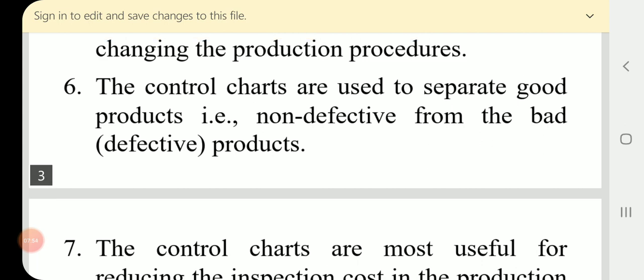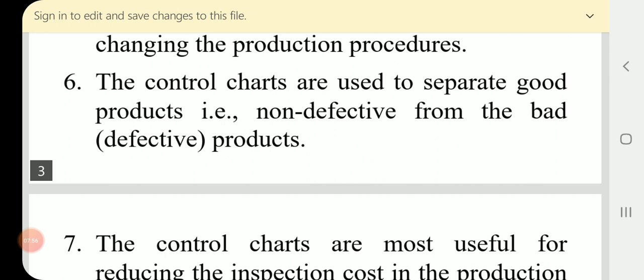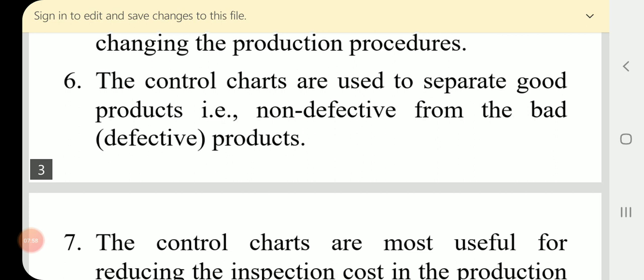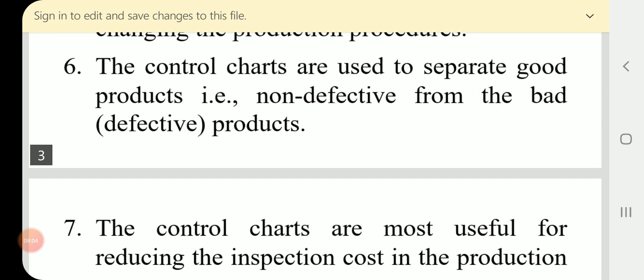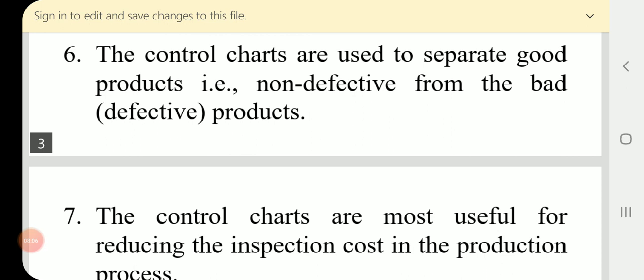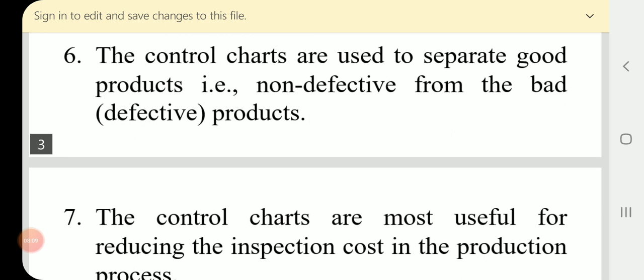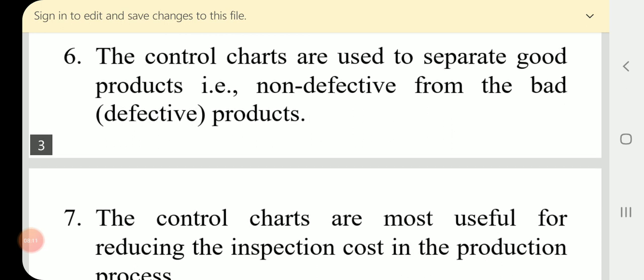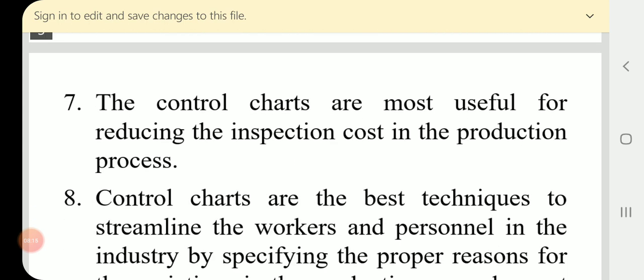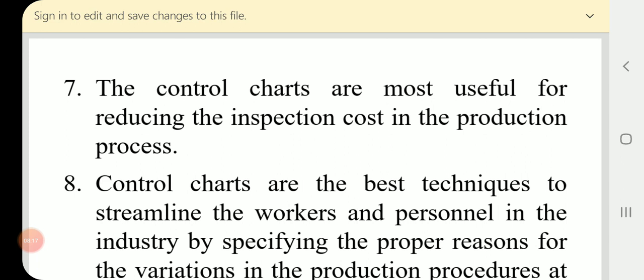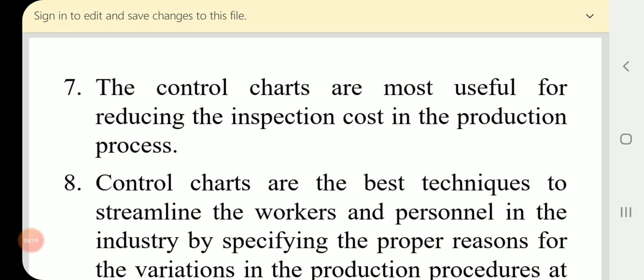The simple reason is we definitely replace a defective item found in any production process with good ones. The lot should not consist of inspected defective units, which should be replaced, and only then is the lot going to be prepared. The lot should be free from defective units. Come to the next one.